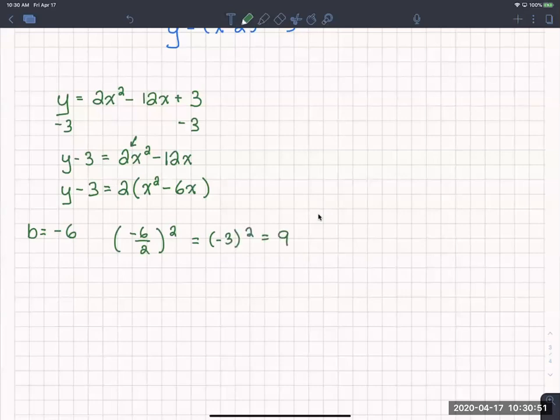Now, we take this result and add it to the inside of this equation. And remember, when we add it to the right, we're going to have to add something to the left. And I'm going to come back in a second and explain what we have to add to the left.